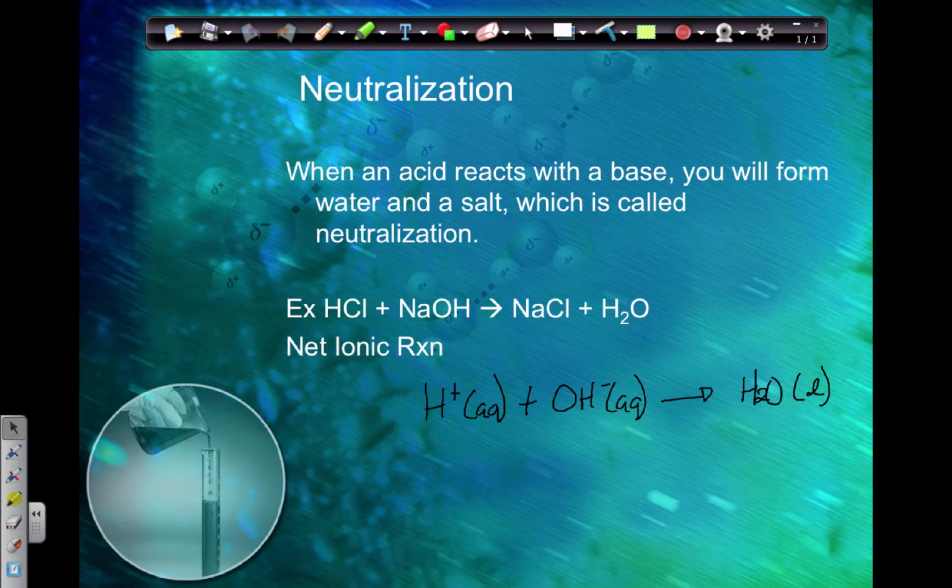We're looking at the production of water. So you still have a reaction happening. It's just instead of making a precipitate, you're making water. So that's the difference between a neutralization reaction and the regular precipitation reactions we've been looking at. This is the net reaction for all acids and bases.